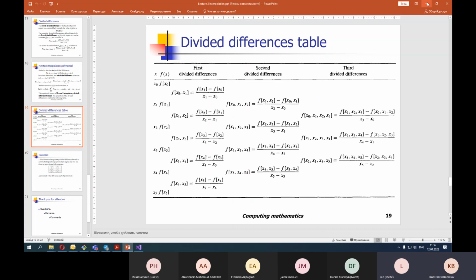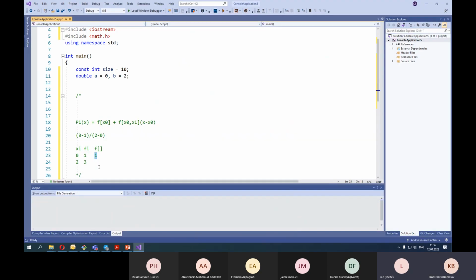Well, as far as we compute this value, I can write a polynomial of the first degree. Just substitute. What is f of x0? 1 plus 1 times x minus x0. True. 1 plus x, right?